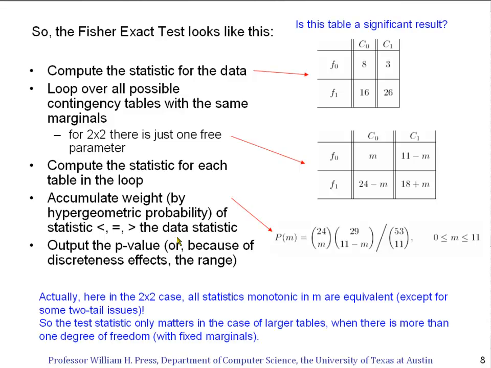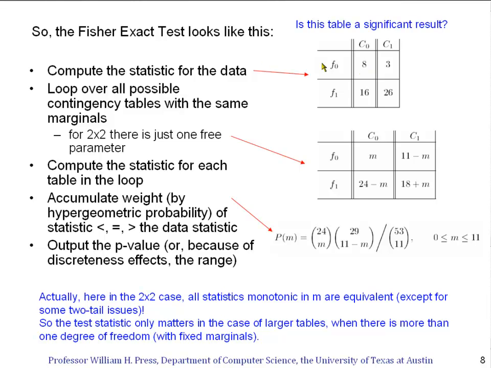Now actually here in this 2 by 2 case, which is a trivial case, but a case that occurs often in practice, all statistics that are monotonic in M here are just equivalent for a one-tailed test. And the reason is, after all, we're going to take the different values of M, and they're either going to be to the left of what we observe, 8, or to the right of what we observe, 8.